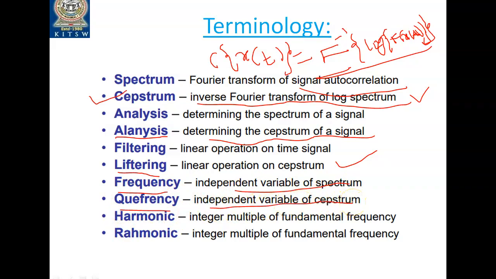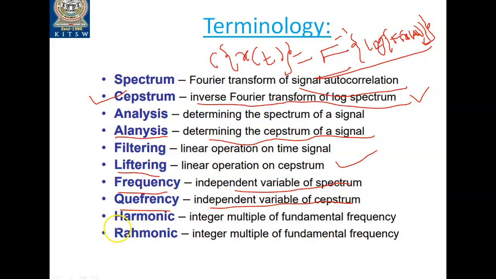In the previous video we also mentioned how to visualize the cepstrum and what the x-axis and y-axis are. On the x-axis we have the quefrency in milliseconds, and on the y-axis we have the absolute magnitude.